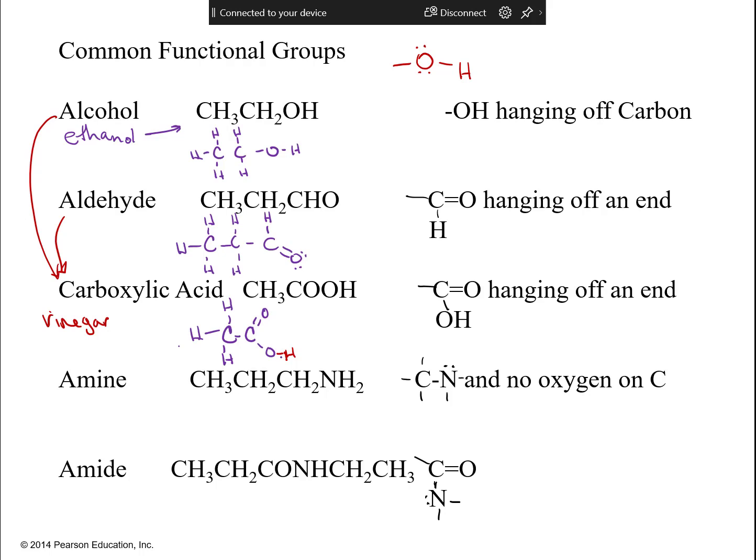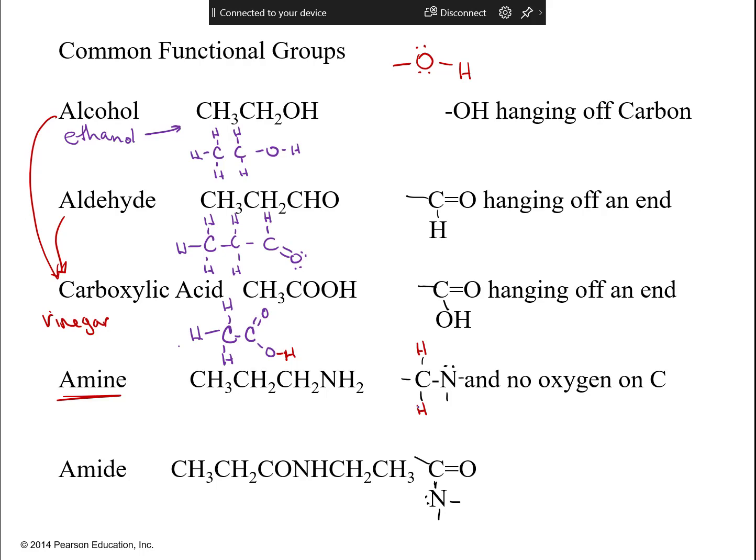Now, the only time you see nitrogen, nitrogen is either an amine or an amide. So if you see nitrogen, in the first example, nitrogen is attached to carbon, but there's nothing else attached to that carbon but hydrogen. So when you see an amine, the nitrogen might have 1 hydrogen, it could have 2 hydrogens, but it's attached to a carbon that only has hydrogens attached. So that's one of the keys: the carbon doesn't have an oxygen on it.